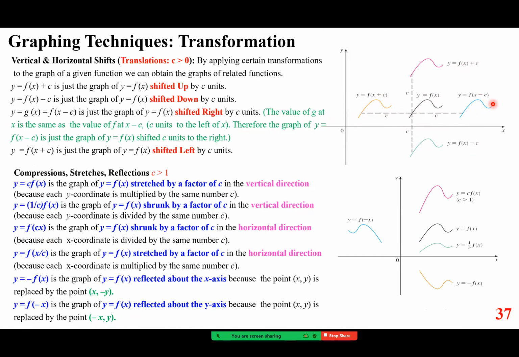And in this case, if c is larger than 1, we are stretching it by a factor of c, or we are shrinking it, if you will. If it's minus f of x, it will flip over with respect to the x-axis. And f of minus x will flip over with respect to the y-axis. So this is the synopsis of this translation.